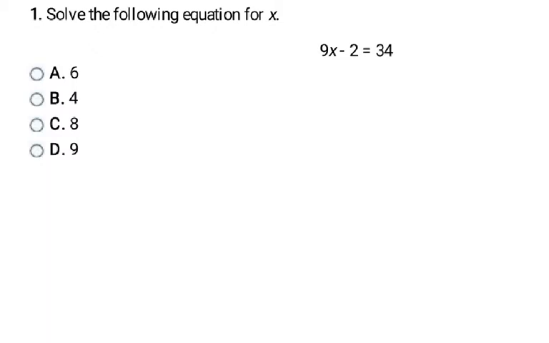So I have a subtracted 2, so I'm going to add 2 to both sides. And when I add 2 to both sides, minus 2 plus 2 is 0. It cancels out. And I'm left with 9x equals, and 34 plus 2 is 36.